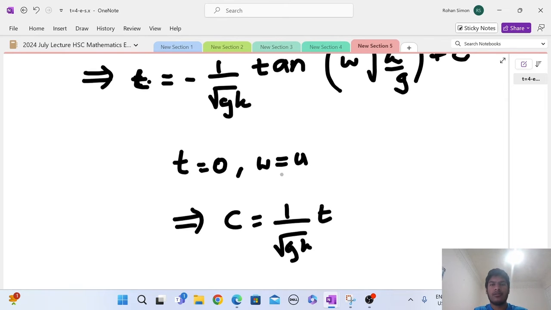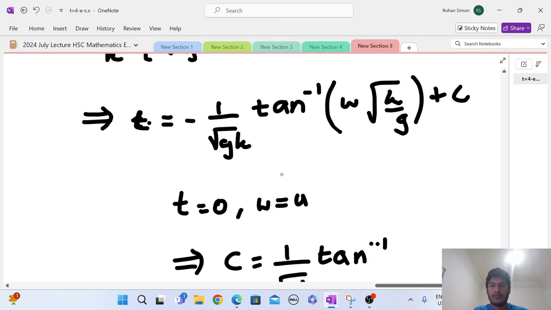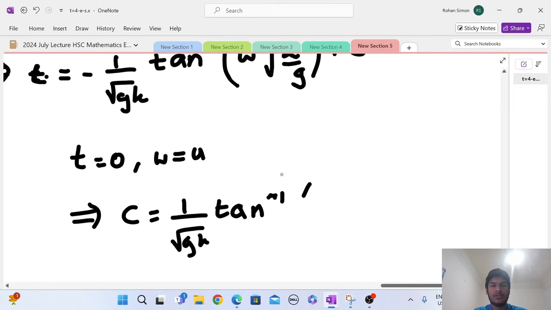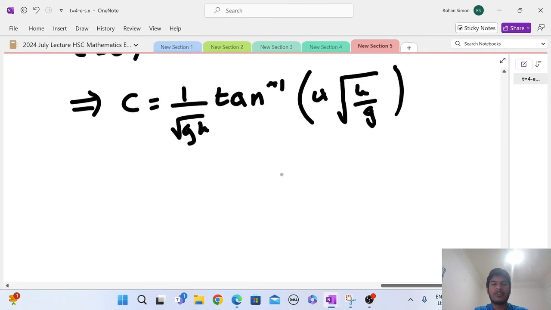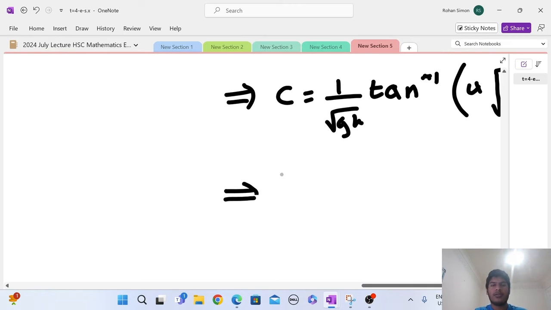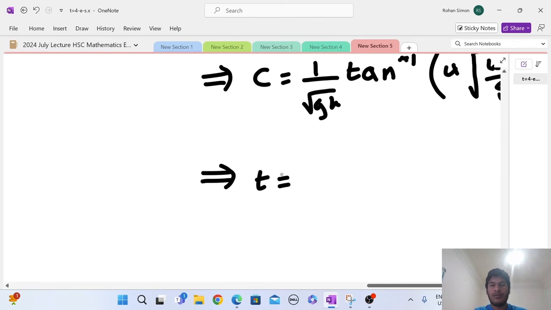tan inverse u, because we replaced the w with a u, square root k on g. Sorry, the c we moved on the other side. And therefore, our new expression becomes t equals 1 on root gk tan inverse u root k on g, minus 1 on root gk tan inverse w root k on g.